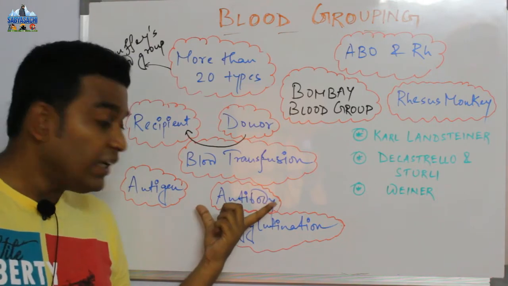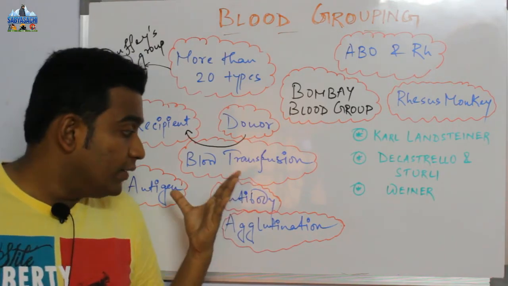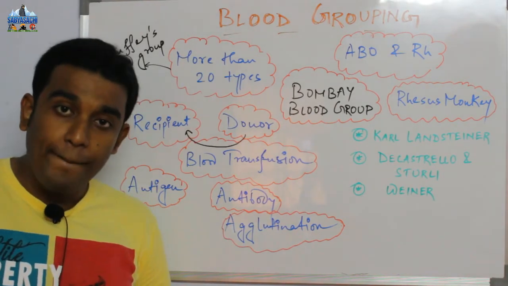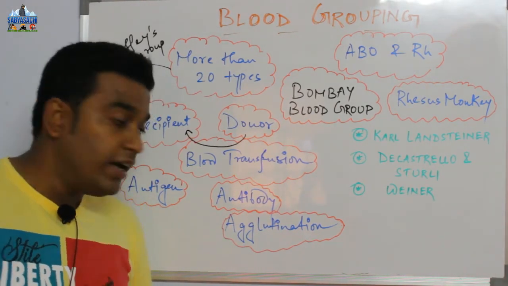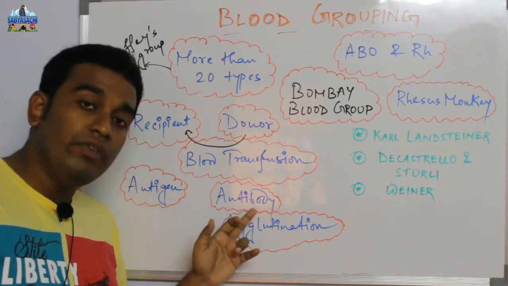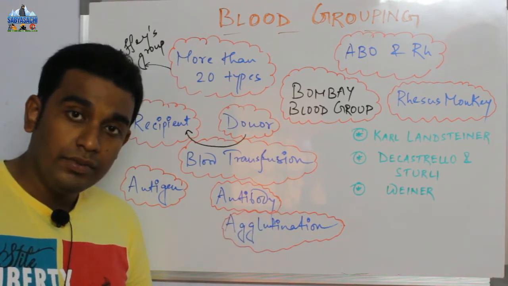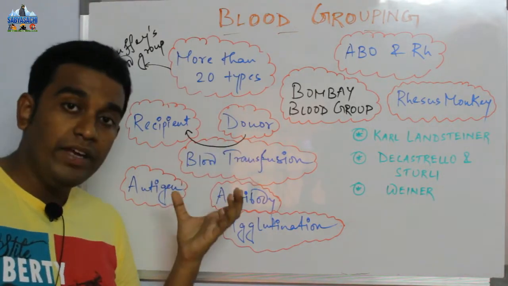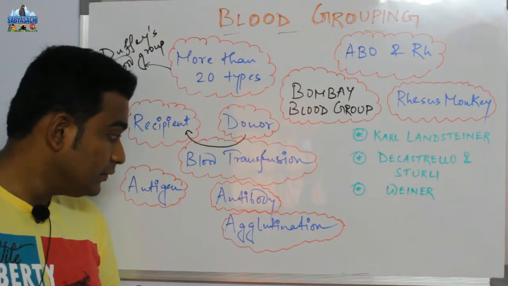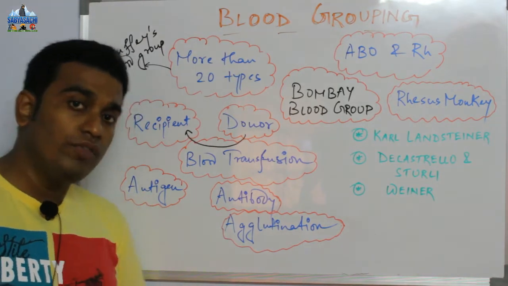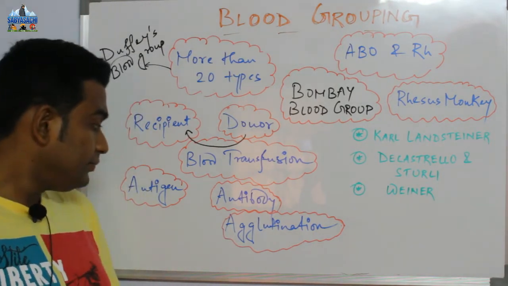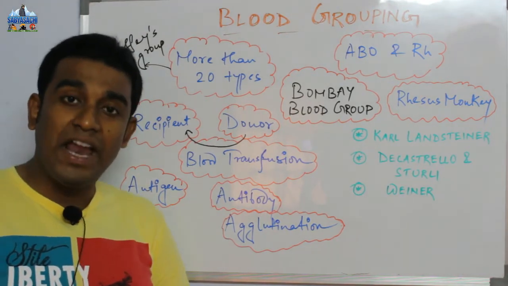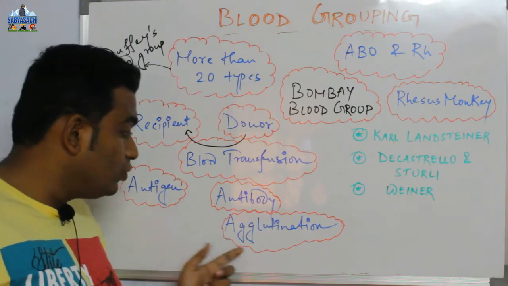And if you remember, I told you that along with the blood cells, the blood also contains plasma. In the plasma of the blood, there are some other proteins as well, which are known as antibodies. We will talk about all of them in detail. Most of you already know that if there is a reaction between antigen and antibody, that will lead to agglutination.